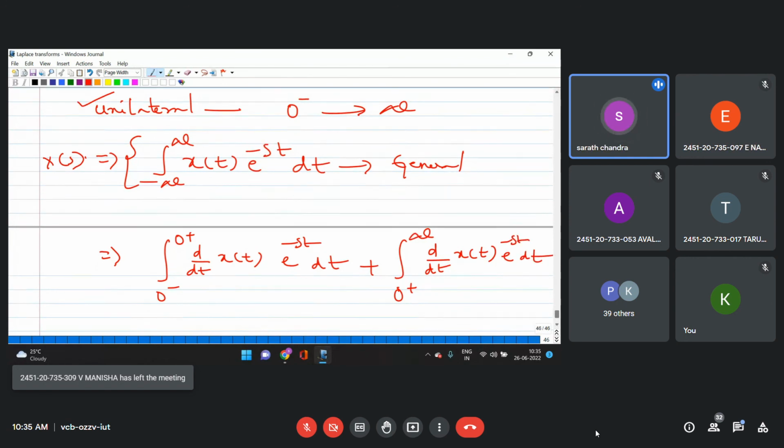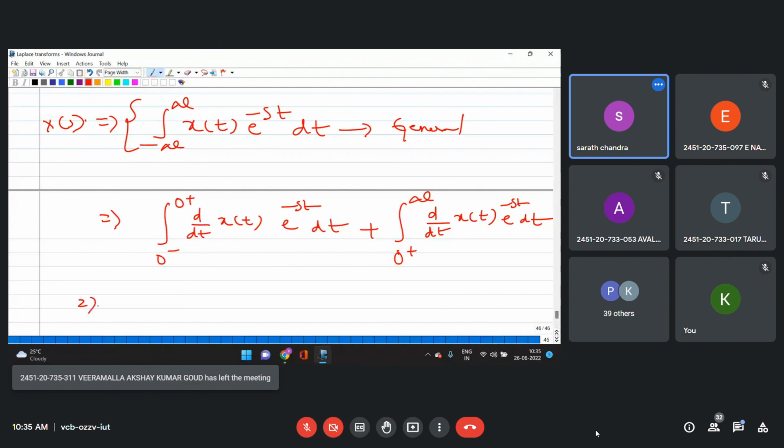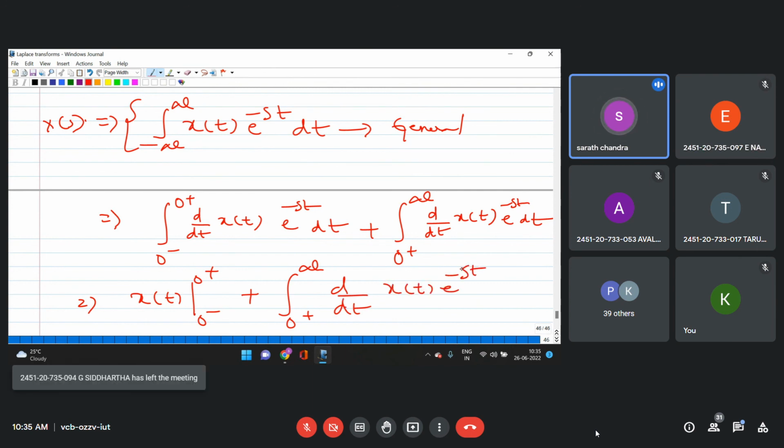Okay, now understand this, just like a normal integration. So this will be what? x of t from 0 minus to 0 plus. The first one has not much complexity. So I'll have 0 to infinity, d by dt of x of t e power minus st dt.